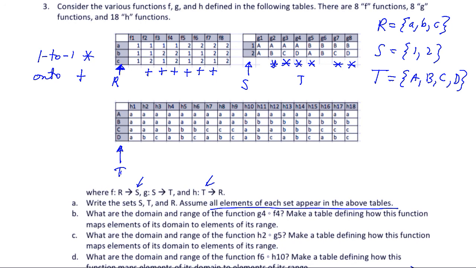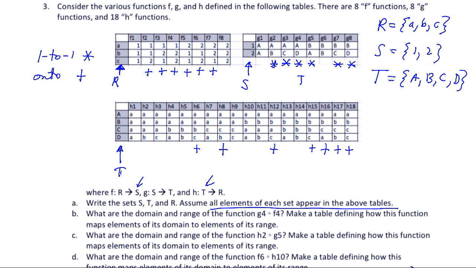Finally, we're looking for all 3 of A, B, and C here, and I see an A, B, and a C. Here's one with all A, B, and C. Here's another one, H6, H8, A, B, and C, H12, H16, H17, and H18. Also H15. So those are the onto functions.